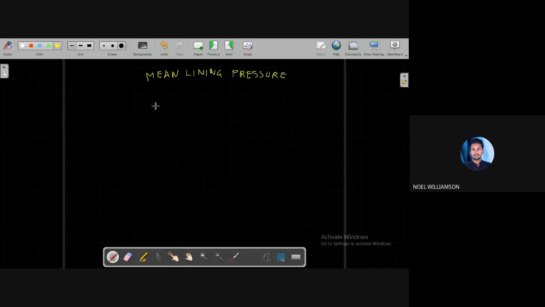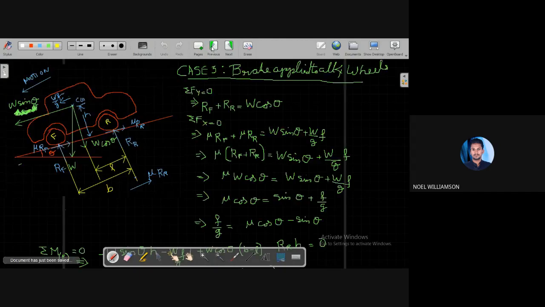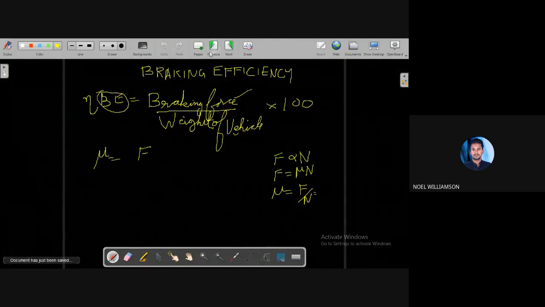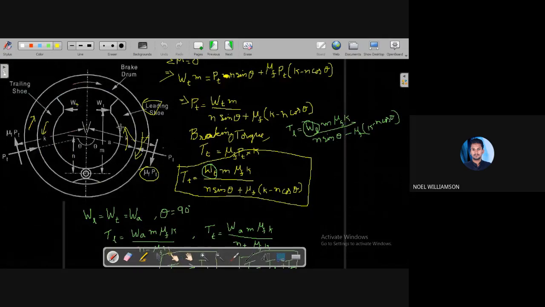Lining means the pressure lining found on the brake shoes. So what is the mean lining pressure over there? A simple calculation. We'll consider the earlier figure. I think it is somewhere here. Yes, this one. We'll take this figure from here.